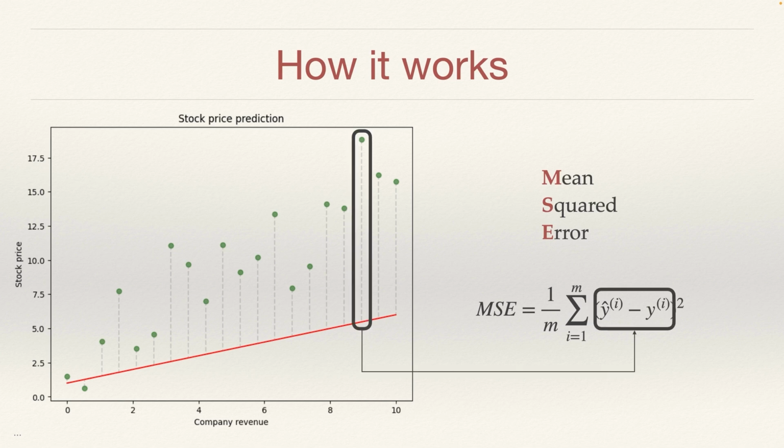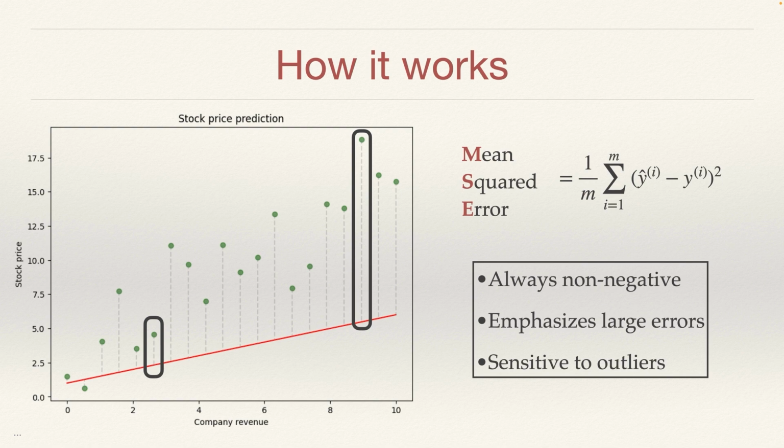And now, when we look into the specifics of our mean squared error term, we can see that it calculates the difference between the actual value and the predicted value. And after calculating the difference, we square the difference, and we do this for every single data point. And at the end, we calculate the average of all of these values.